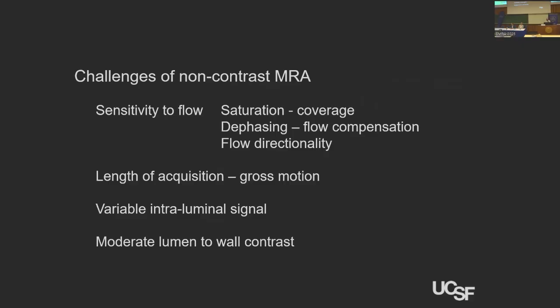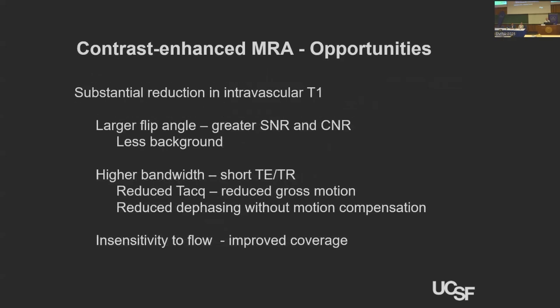So for these reasons, contrast-enhanced MRA provides some major opportunities. And the major feature that we exploit in contrast-enhanced MRA is the fact that once a contrast agent is delivered, there is a substantial reduction in the T1 of the intravascular flowing blood.